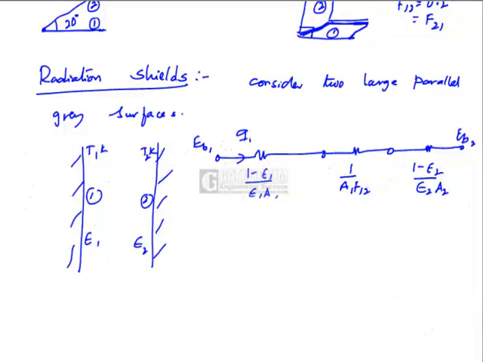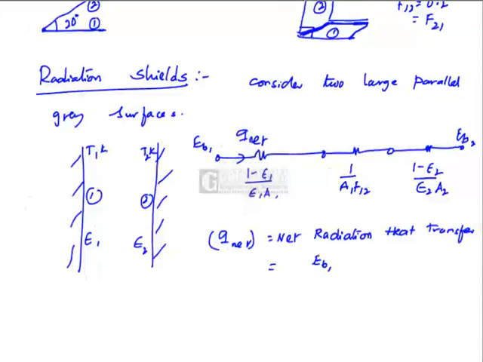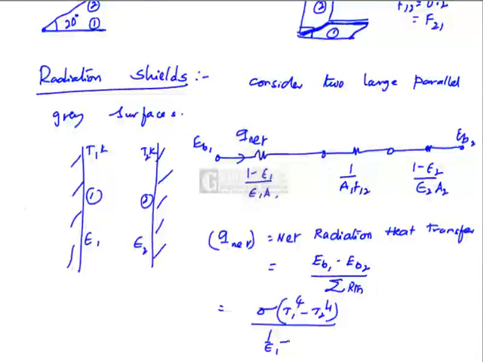So Q net, the radiation heat transfer, is equal to EB1 minus EB2 by the sum of all the resistances: 1 by epsilon 1 plus 1 by epsilon 2 minus 1 per unit area.